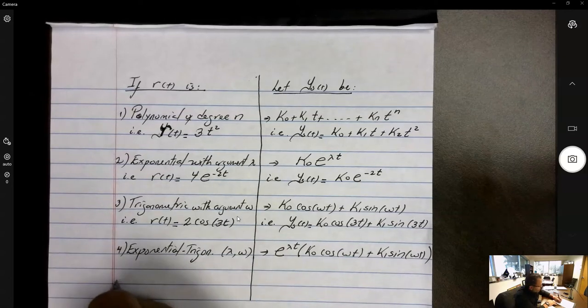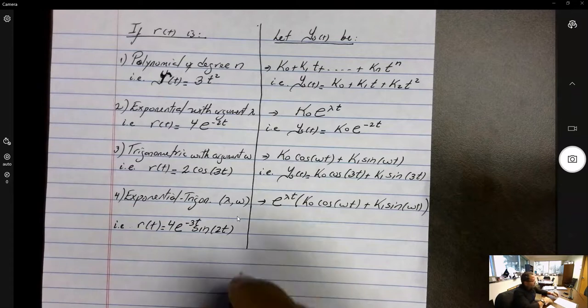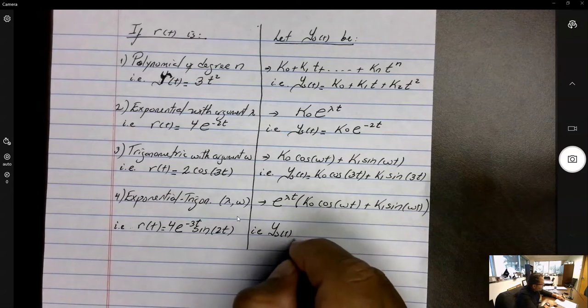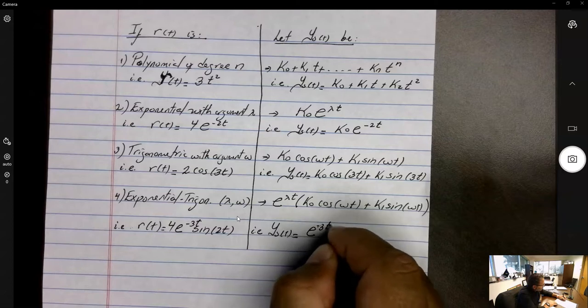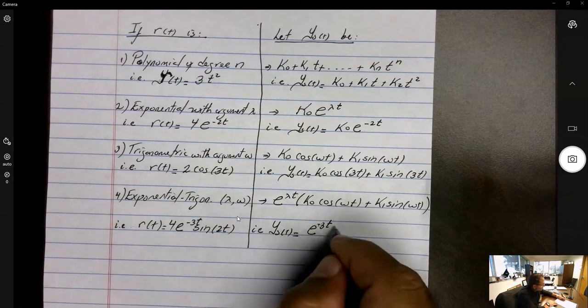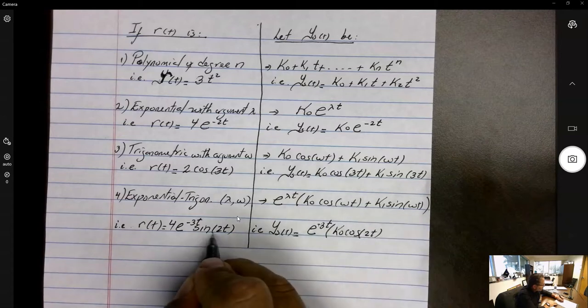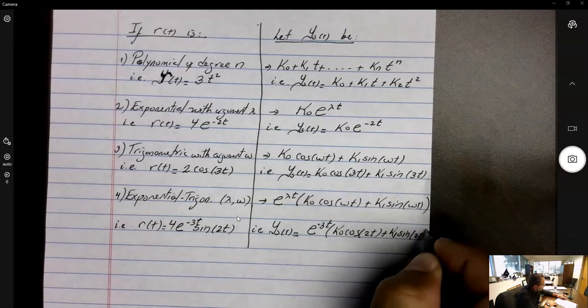So for example, if r of t is 4e to the minus 3t times the sine of 2t, so that is the forcing function, then the specific portion of the solution is equal to e to the minus 3t, so we keep the same exponential argument, times k0 times cosine of 2t, the same wavelength for the trigonometric function, plus k1 times the sine of 2t.